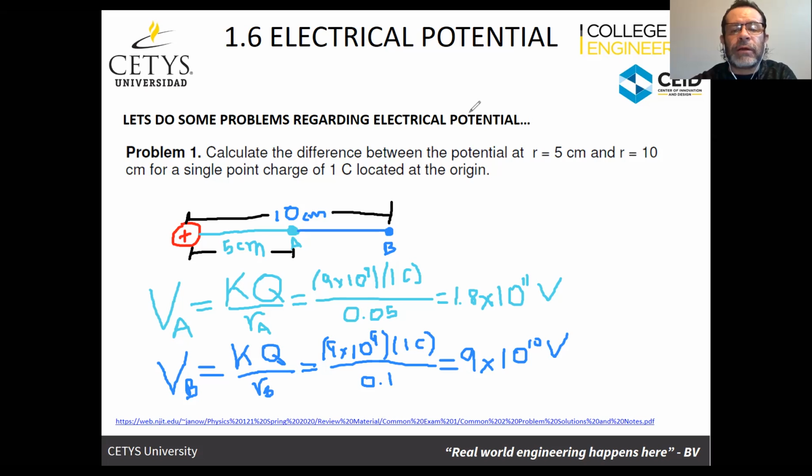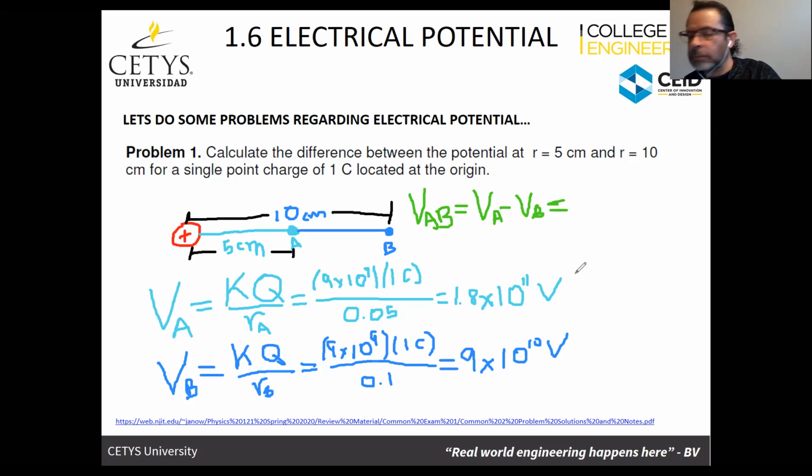And so it's asking us to calculate the potential difference between those two points. So the potential difference, which we're going to call VAB, is going to be the difference between VA minus VB. Can somebody calculate that difference, please? 1.8 times 10 to the 11 minus 9 times 10 to the 10.